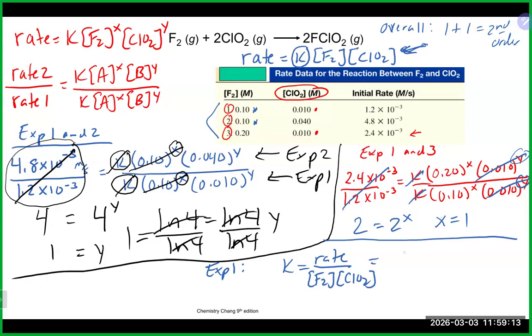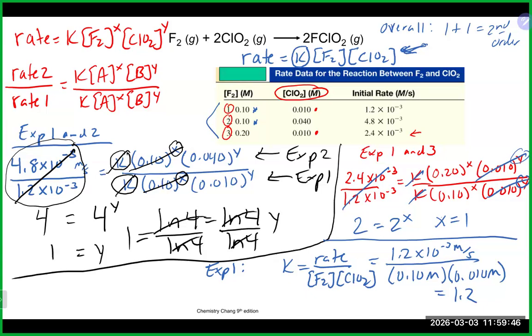So I'm going to go with number 1 here, which means my rate is 1.2 times 10 to the minus 3 molar seconds divided by my concentration of 0.1 molar and my other concentration of 0.01 molar. At this point, we end up with 1.2 times 10 to the minus 3 divided by 0.1 divided by 0.01, which is going to give us 1.2 as our rate constant for this reaction.